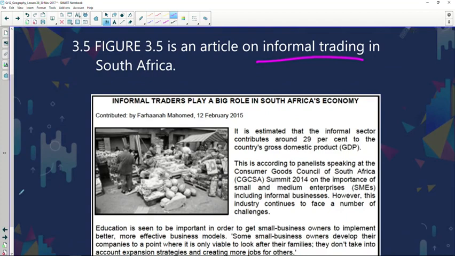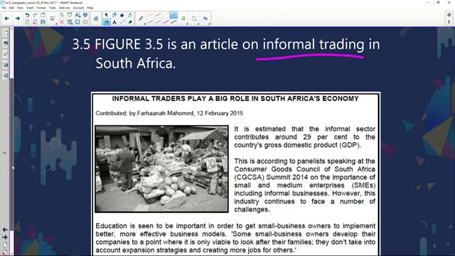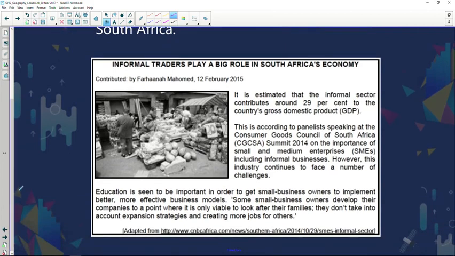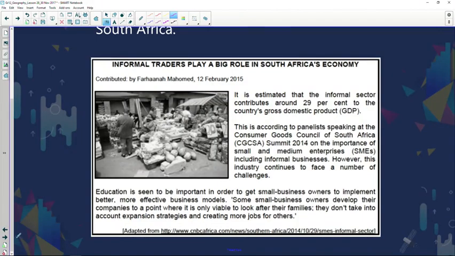Education seems to be very important to the small business owners. People develop some skills in the informal trade. And the reason why people are in the informal trade is because they are unemployed and they need to provide for their families. Let's quickly have a look at the questions being asked about this case study.